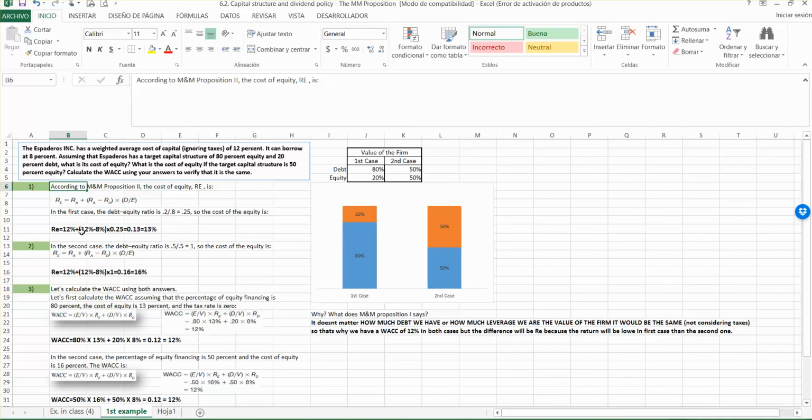The cost of equity, RE, is this formula: the return on assets plus the return on assets minus the return on debt, multiplied by the debt equity ratio.